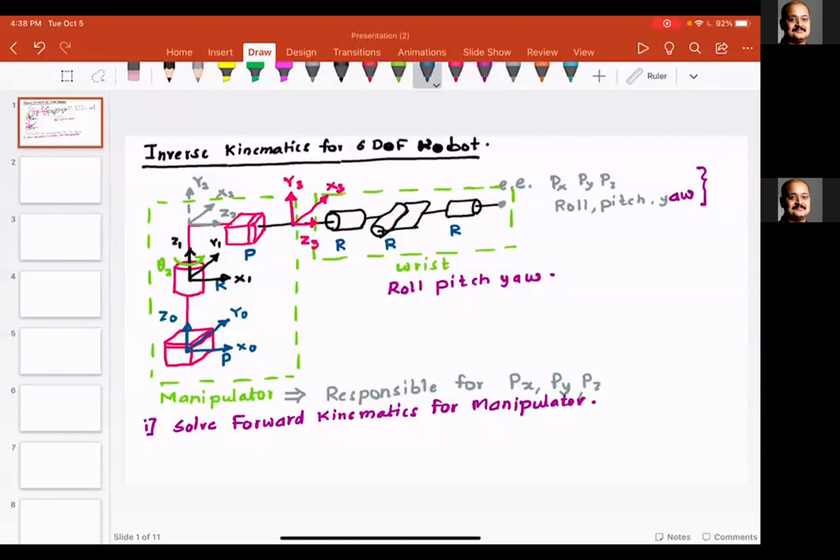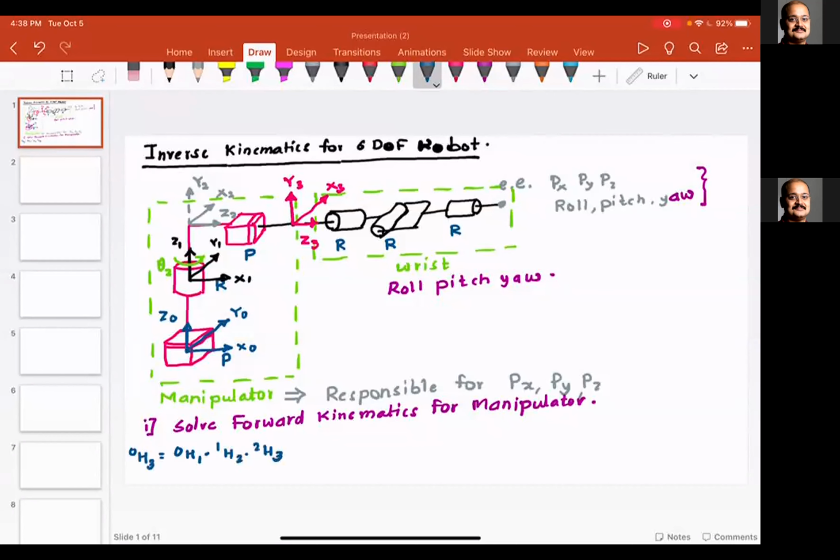What does that mean? It means finding 0h1, multiplying that by 1h2, multiplying that by 2h3, and following the convention, finding 0h3.